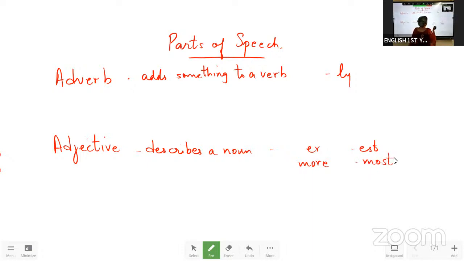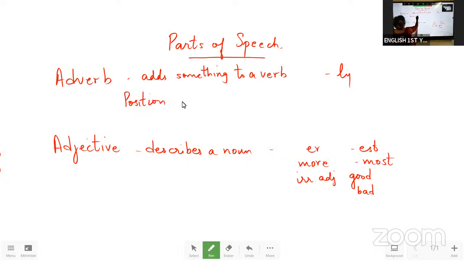Also, you have exceptions, you have irregular adjectives like good, better, best, bad, worse, worst, less, lesser, least, and so on and so forth.